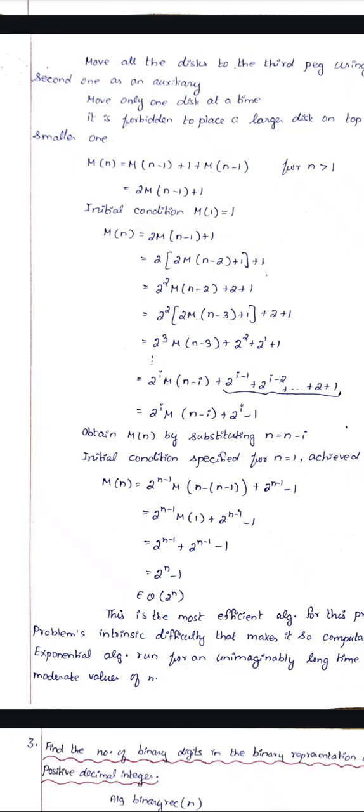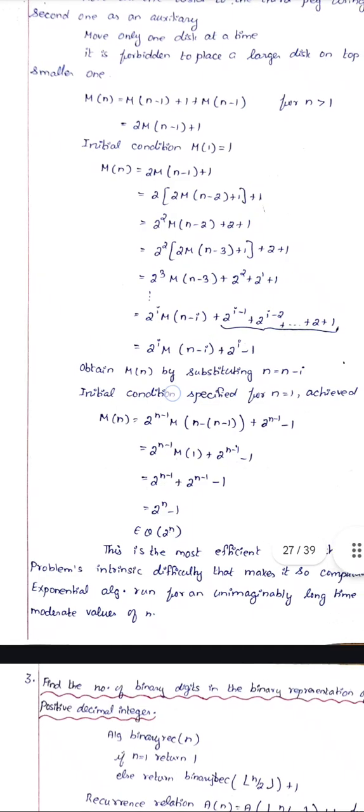So in this manner, if we consider, it goes till 2 power i m of n minus i plus 2 power i minus 1, i minus 2, till 2 and 1. So that is equal to 2 power i m of n minus i plus 2 power i minus 1.